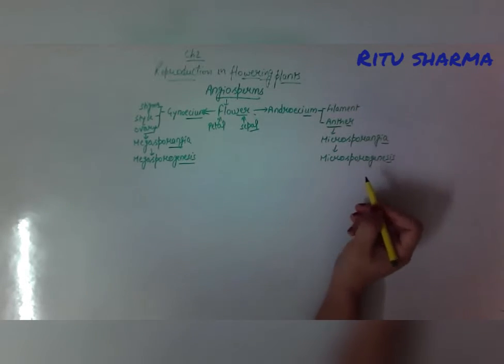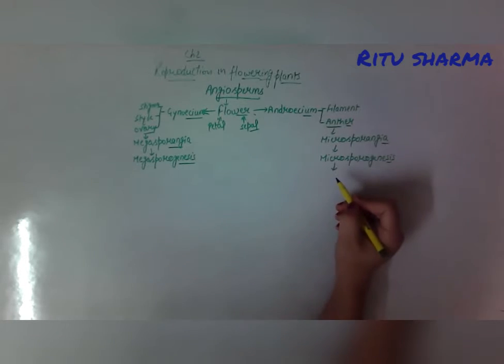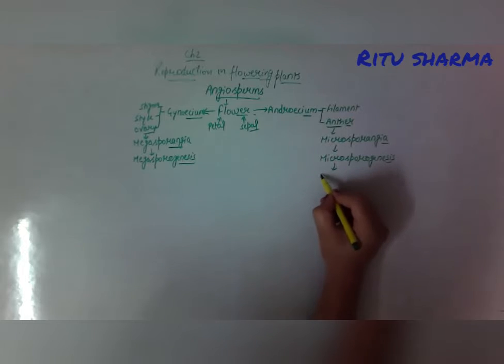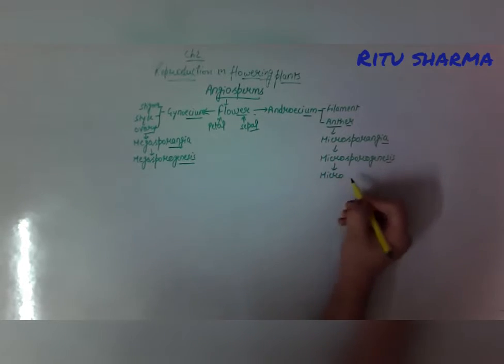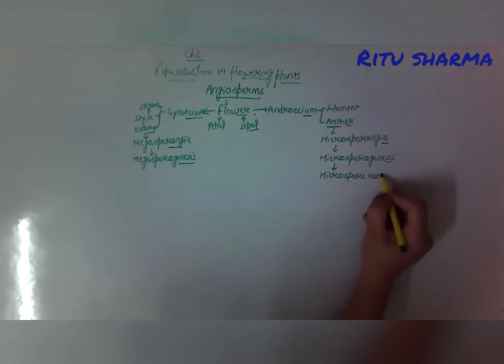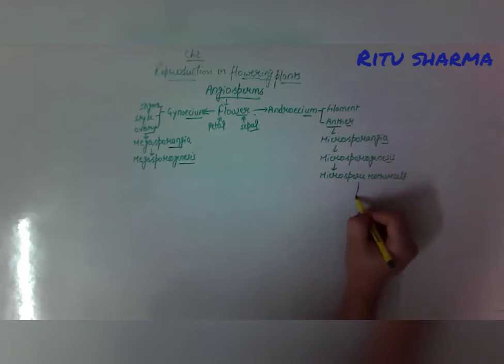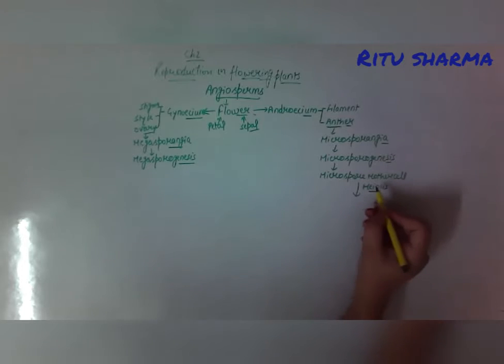During microsporogenesis, one distinguished cell, also known as the microspore mother cell, undergoes meiosis, and after meiosis, one cell divides into 4 daughter cells, which are haploid in nature.